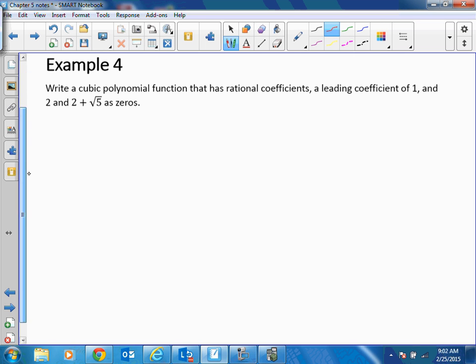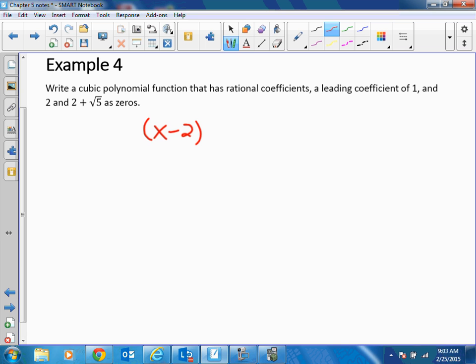So it says, write a cubic polynomial function that has irrational coefficients, a leading coefficient of 1, and 2 and 2 plus square root of 5 as zeros. So how we write that is, we want to write it in factor form. If 2 is a zero, then in factor form that would be x minus 2, because 2 is what makes that go to 0. Okay?